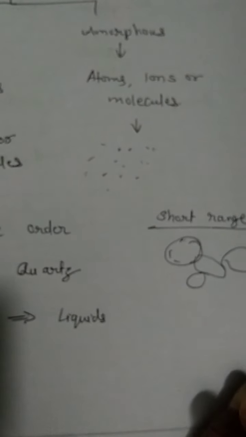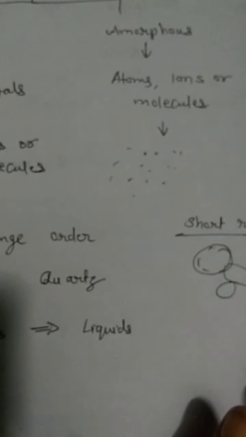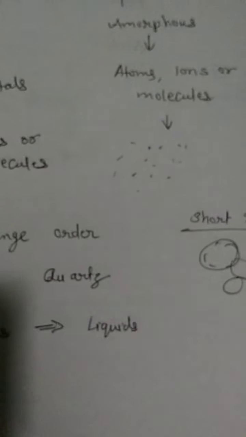Due to the differences in the arrangement of the constituent particles, the two types of solids differ in their properties. So we observe that different properties are there. In crystalline solids, we observe a very important property, that is a sharp melting point.